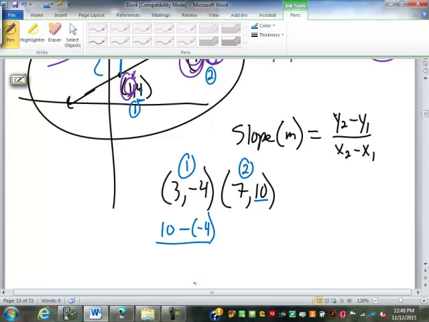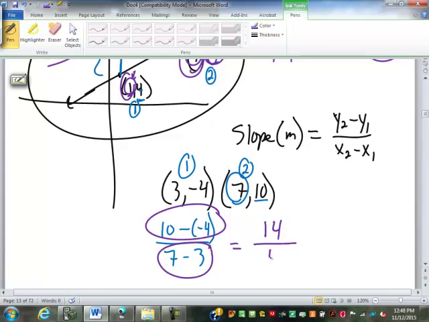My run, x2 is 7 minus 3. So 10 minus -4 is 14. 7 minus 3 is 4. That can be reduced by 2. Give me 7/2, 7 over 2.